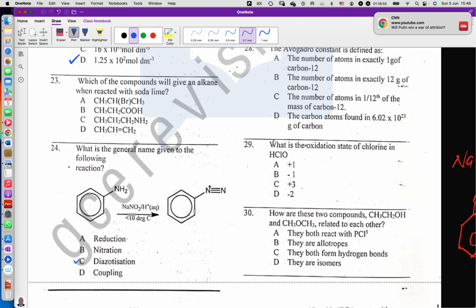Which of the compounds here have a carboxylic acid? It is only B, so B is our answer.